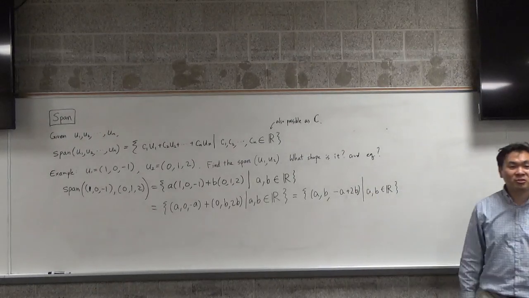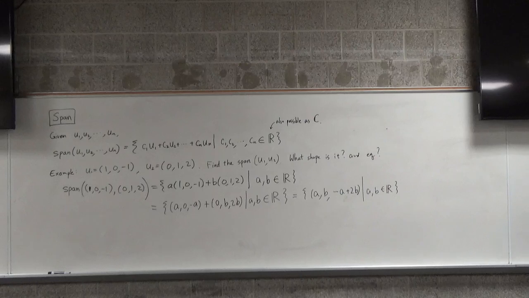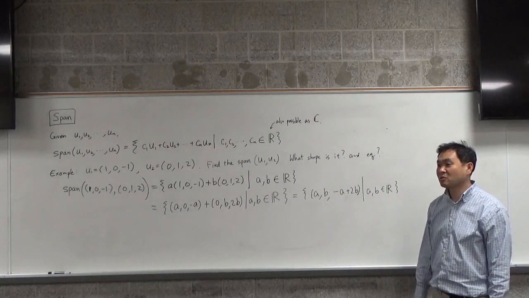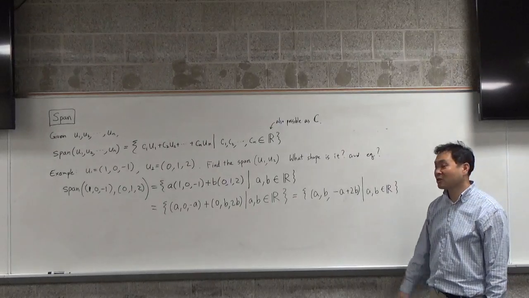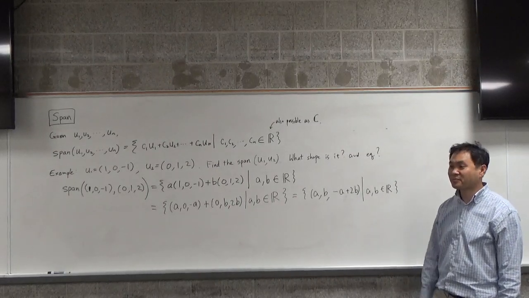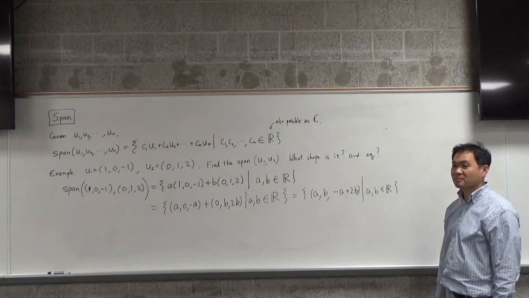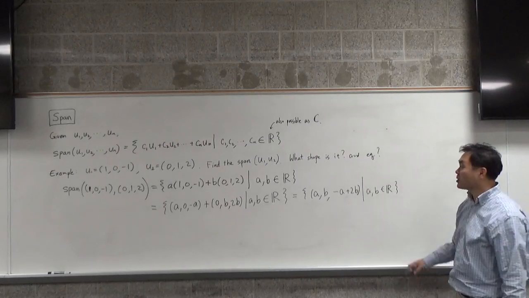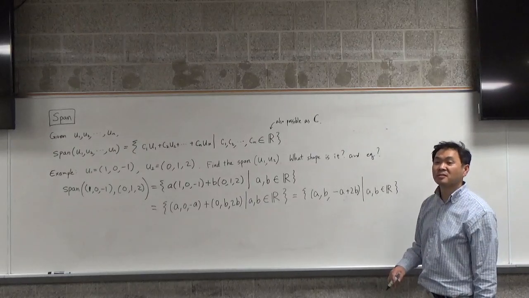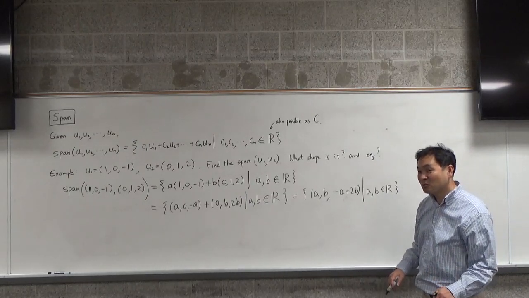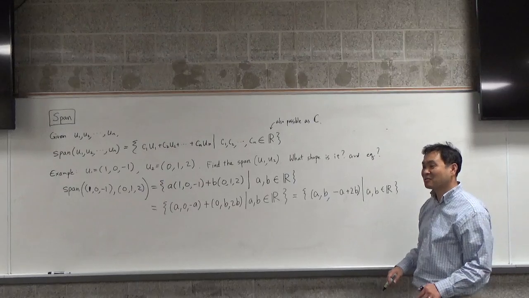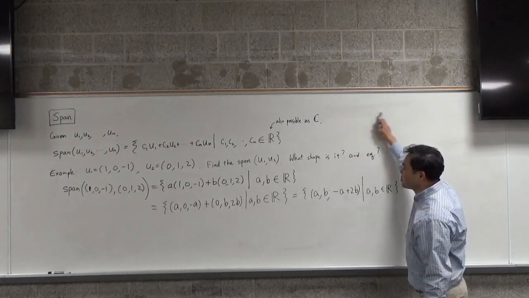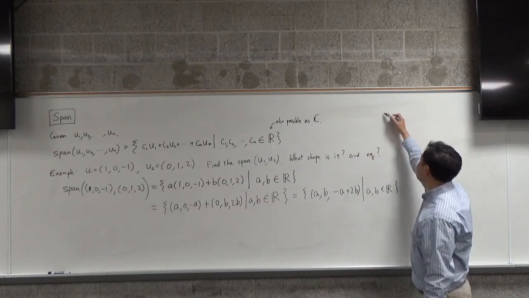Okay, what's the shape of this in 3D? Can somebody tell me what kind of shape this would be? Is it like a tube? It's not a tube. Let's think about this.